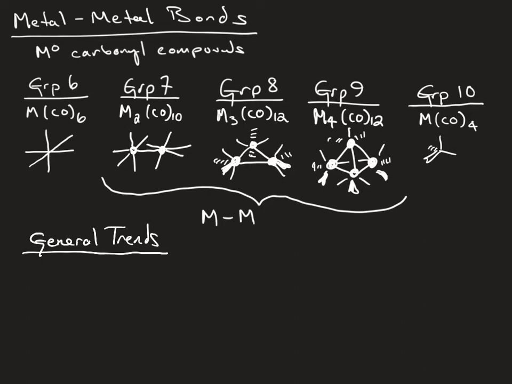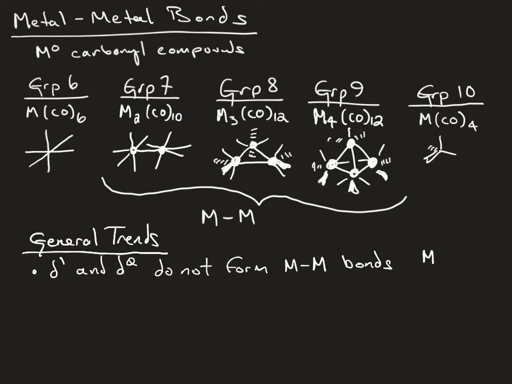So first, d1 and d2 species typically do not participate in metal-metal bonding. The exception is if you have a bridging ligand that would support two metal centers being close together.